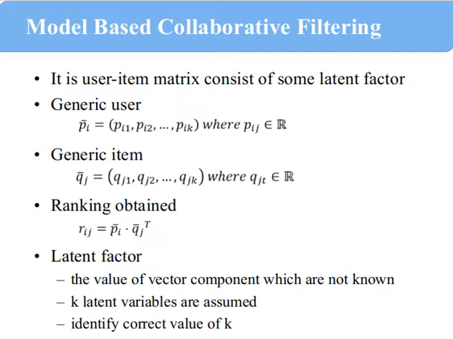It is somewhat different from the memory based. Again, the same kind of picture is there, a user item matrix. In this user item matrix, there are certain latent factors. Now the question arises, what exactly is this latent factor? A latent factor is a set of measures or values which are not included in the item matrix.